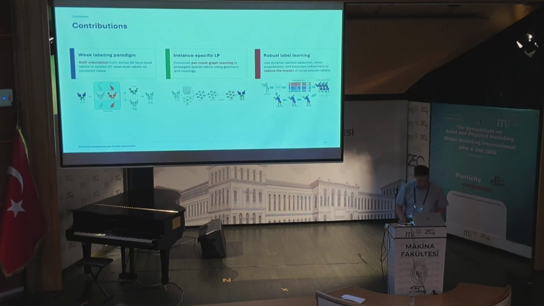I think the main contribution is, first of all, the main idea: if you do 3D labeling, it's very complicated, very difficult. However, here, if you go through 2D labeling, it's very easy. Secondly, for the instance specific propagation, mesh propagation, we apply the existing learning approach so that we could achieve the segmentation we want.